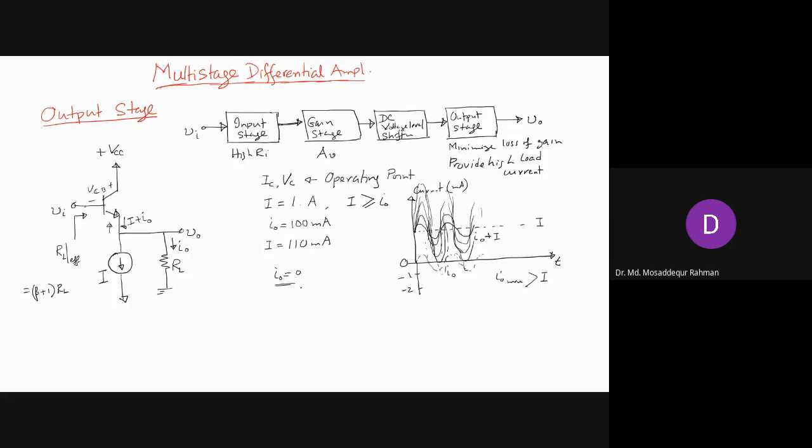So it will become zero at that point. So that's what will happen. The bias current will not be able to support this current I naught, right? So when I naught is larger than I, I has to be greater than or at least equal to I naught. Is that clear, guys?